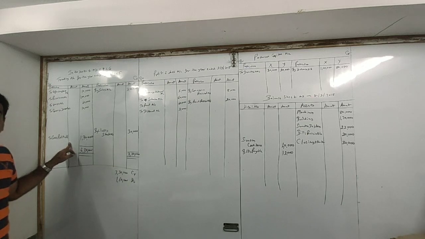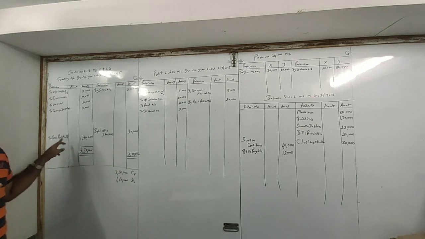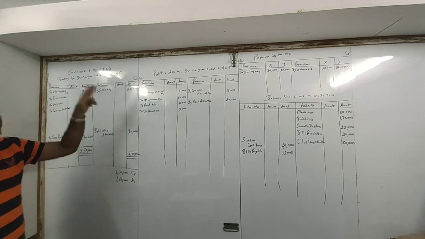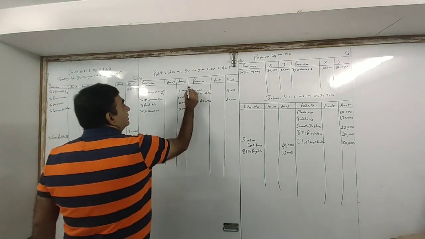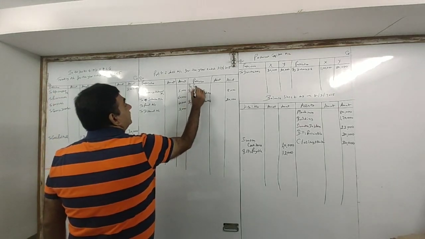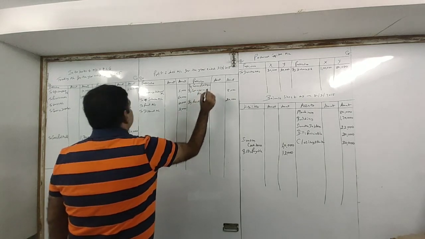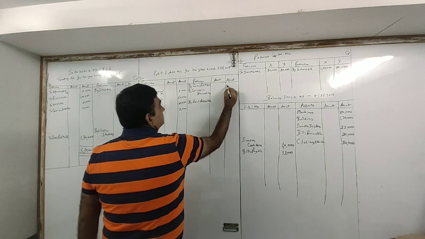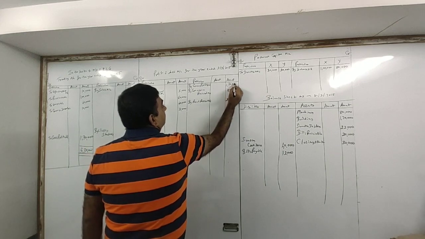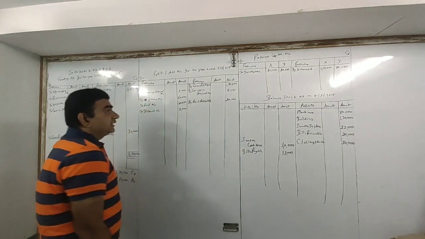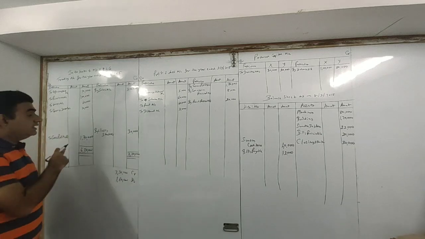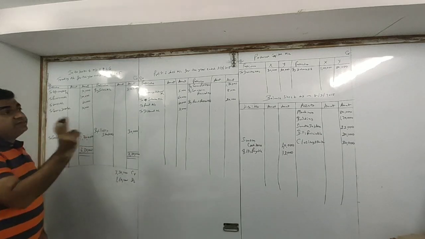To gross profit carried 170. Where you will carry it? We will carry it in the P&L account. Come to the credit side of P&L. Right there. By gross profit brought down, that is 1,70,000. Okay? Trading account का difference gross profit, it came in P&L.